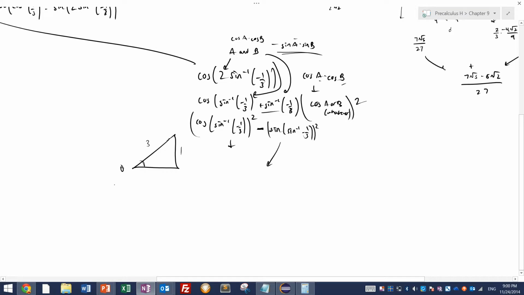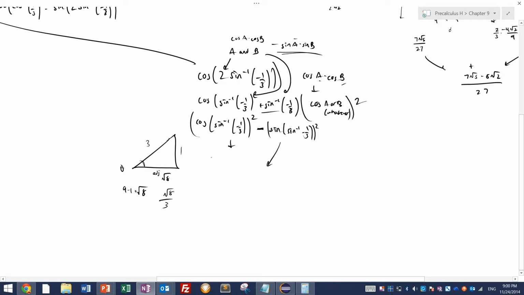So the adjacent is going to be 9 minus 1 equals 8, which is the square root of 8. This is by the Pythagorean theorem, as you remember. It's going to be root 8, so the cosine equivalent of this, to make it easier on us to write, is going to be adjacent over hypotenuse, which is root 8 over 3.